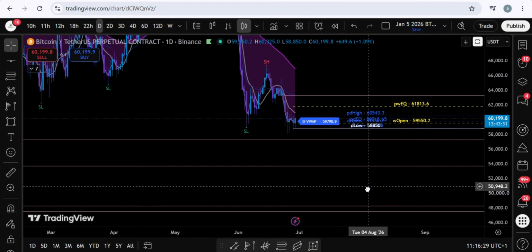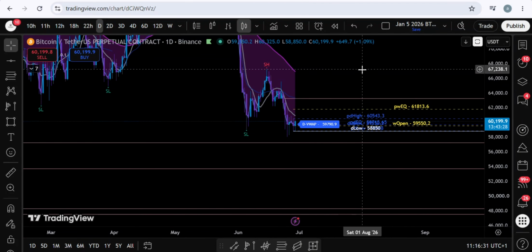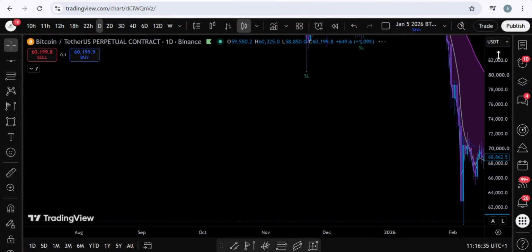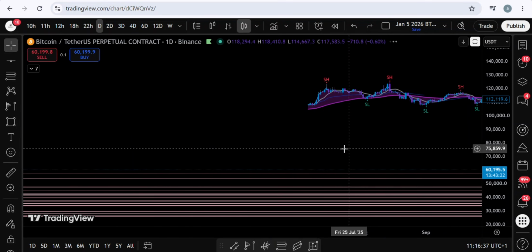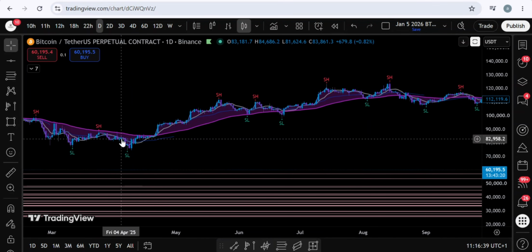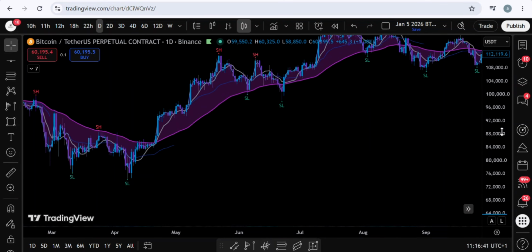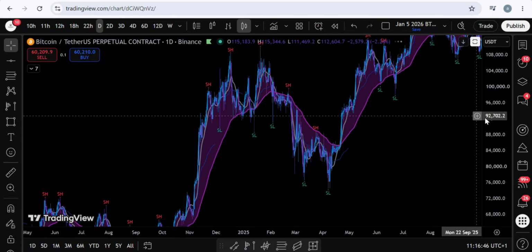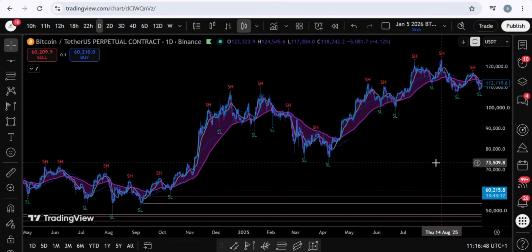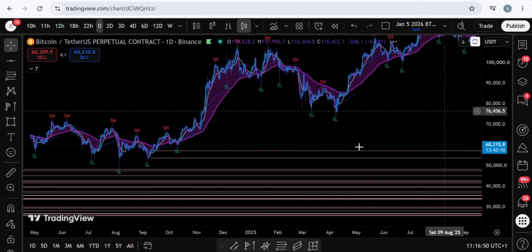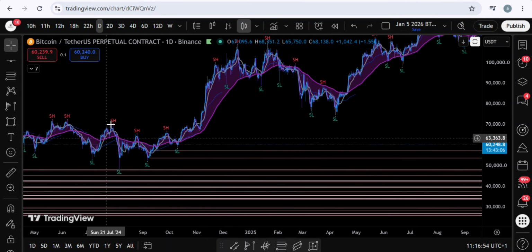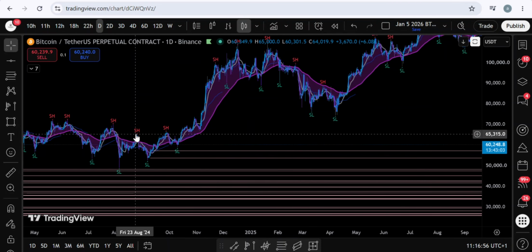Now, let's have a look at this range here. When you have a swing low and a swing high, swing low, swing high, swing low, and it's bouncing, this is accumulation.